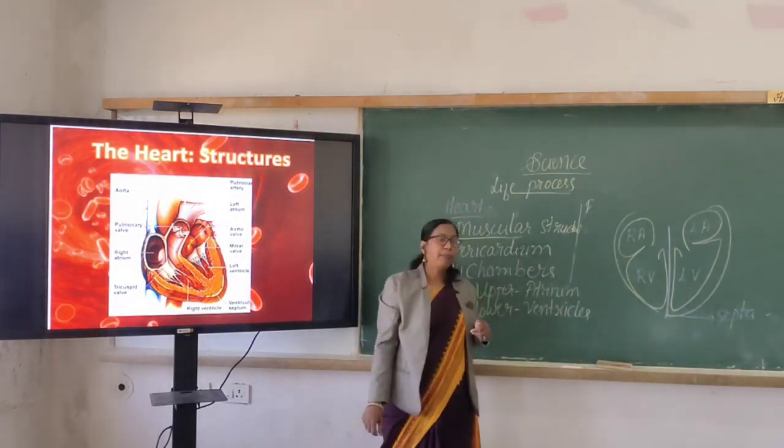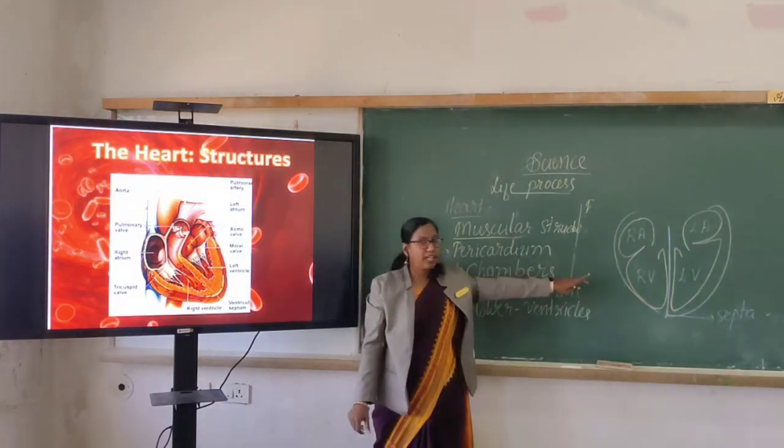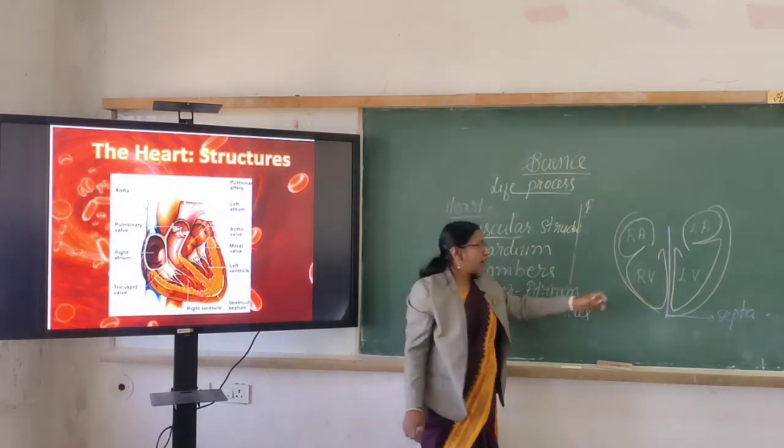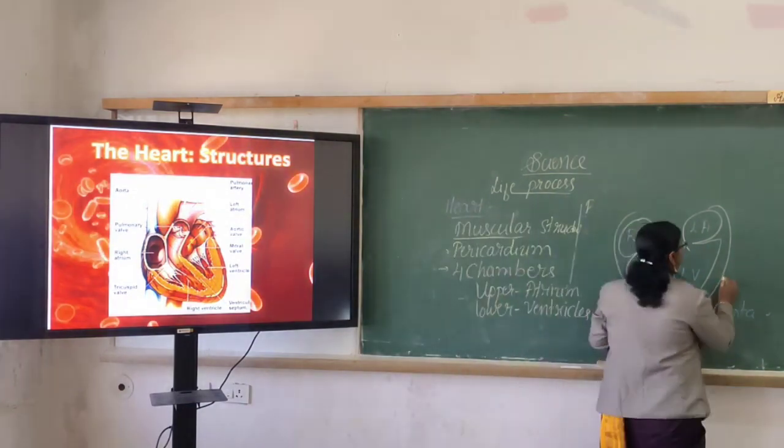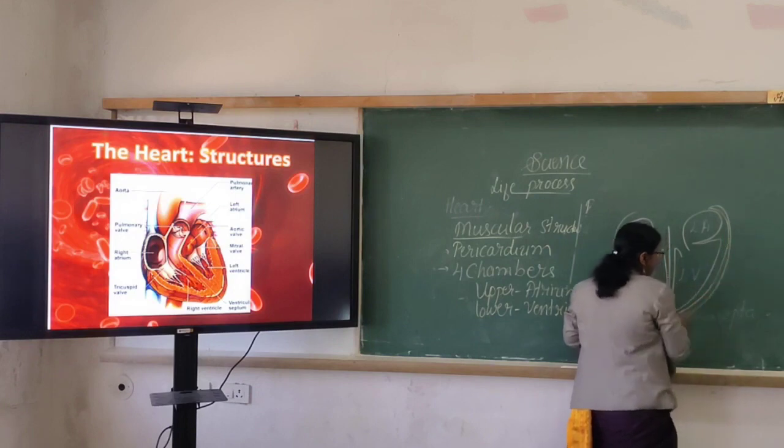So these are the main four chambers that we see in the heart, and this is covered with a layer called pericardium.